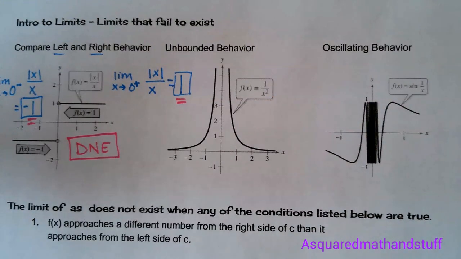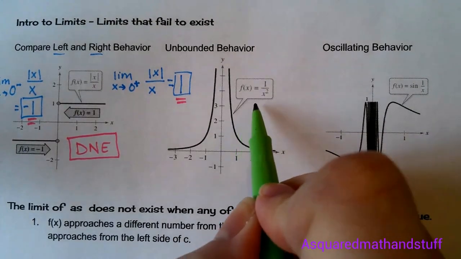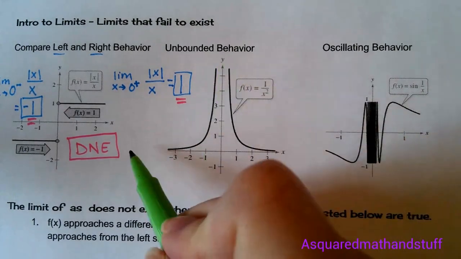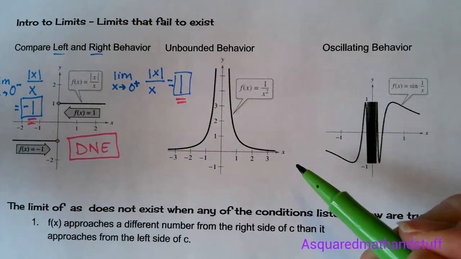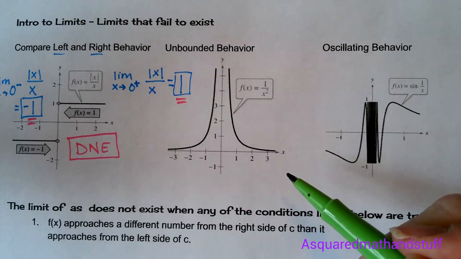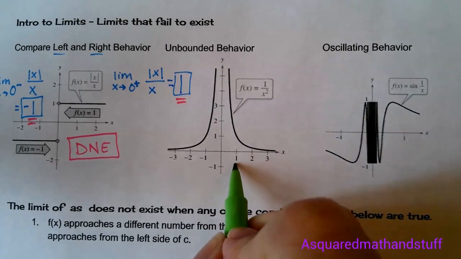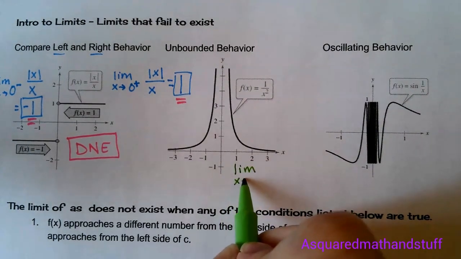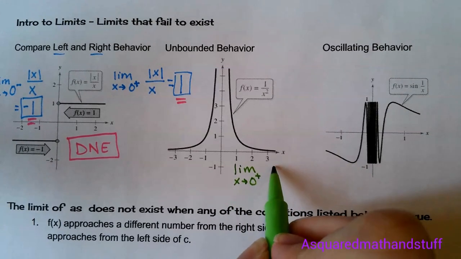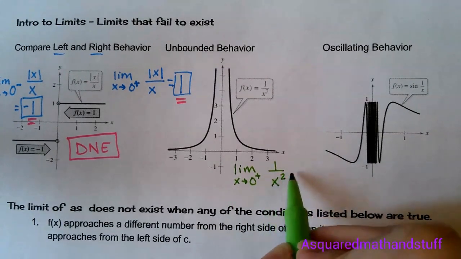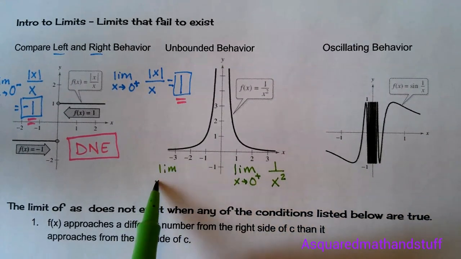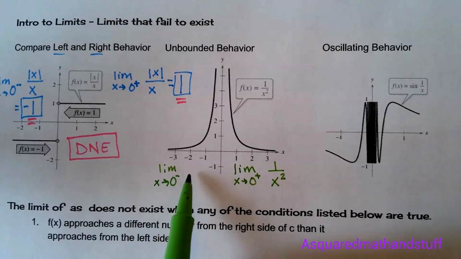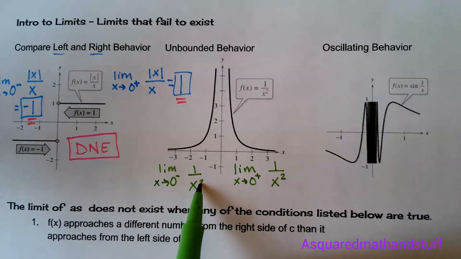If we again look at the limit as x approaches 0 from the positive side and from the negative side, we need to see if we are approaching the same y value. So, the limit as x approaches 0 from the positive side of 1 over x squared, and the limit as x approaches 0 from the negative side of 1 over x squared.